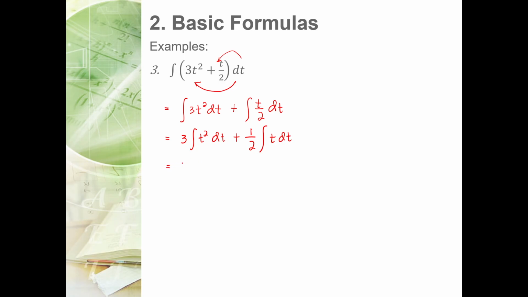Okay, so next we integrate the first integral. So 3 times t to the power of 2 plus 1 all over 2 plus 1 plus c. And plus the second term, which will be 1/2 times t to the power of 1 plus 1 all over 1 plus 1 plus c.